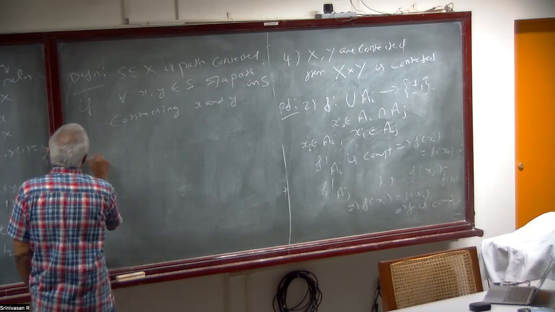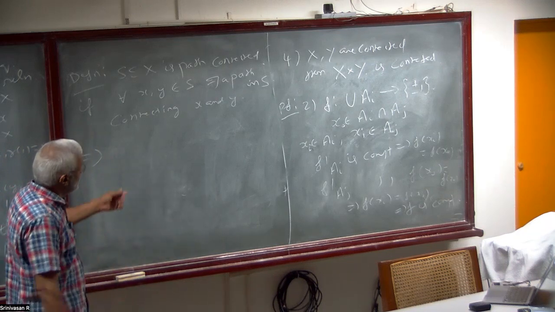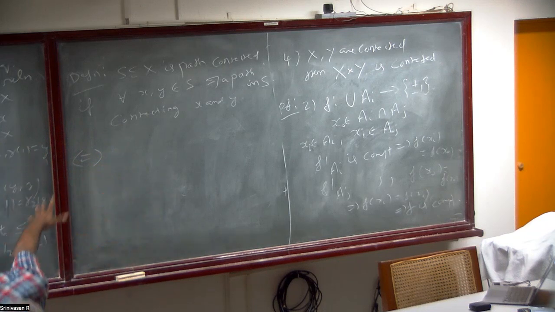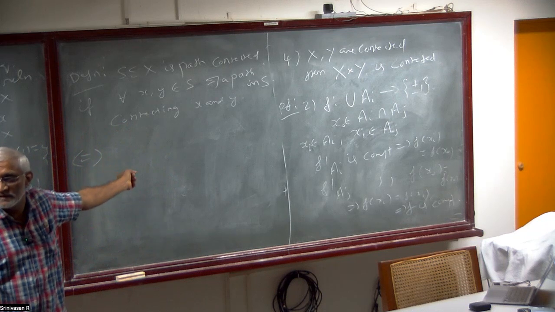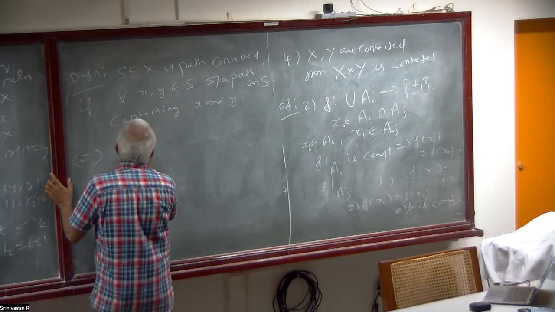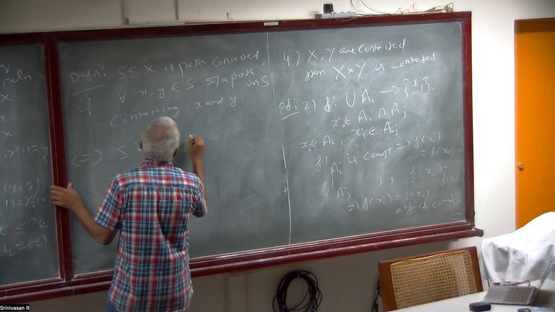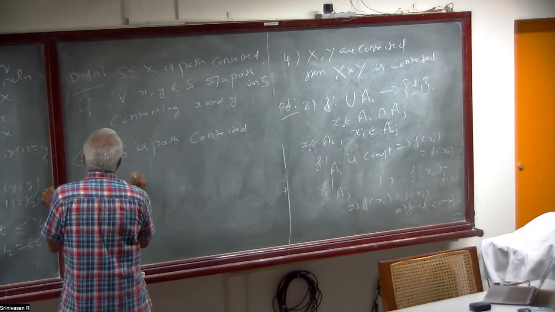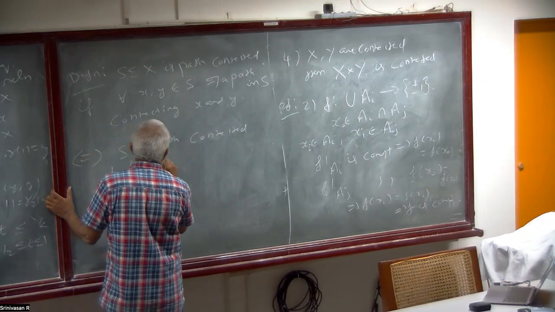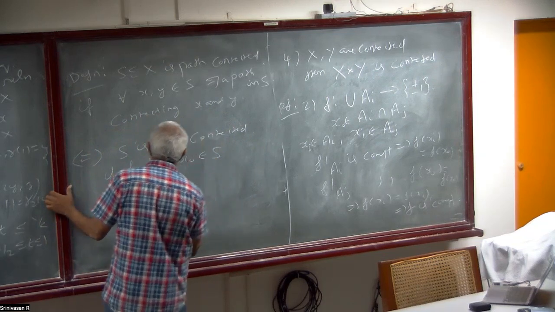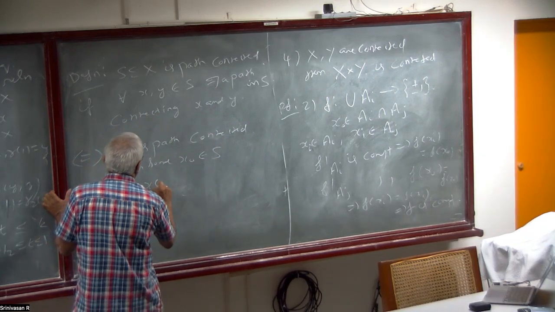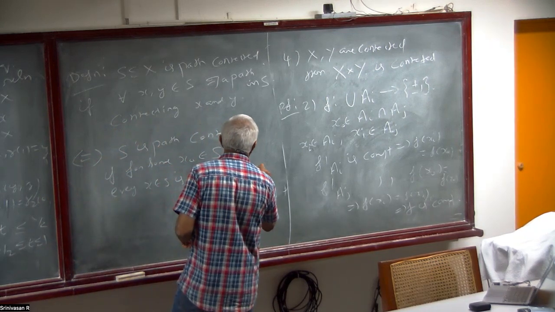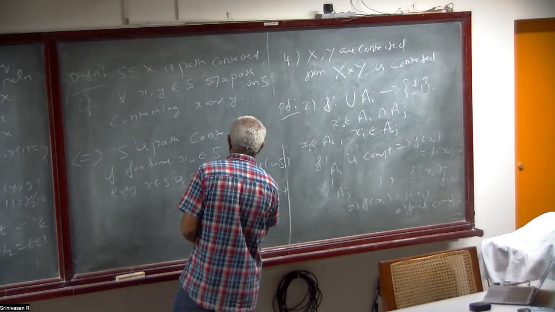And this is equivalent to saying you don't need to consider any two points. You fix one point and everything connected to that point is enough. So S is path connected if for some x naught in S, every x in S is path connected, of course in S, to x naught.